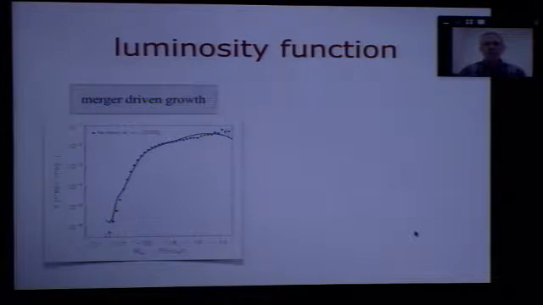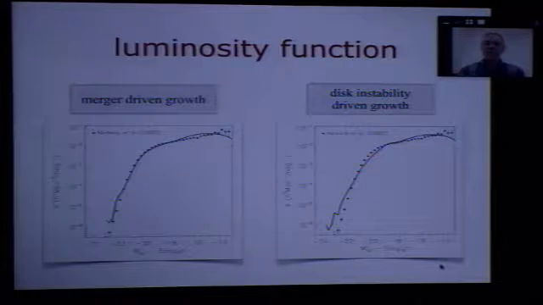So the merger-driven growth builds a black hole population and that leads to the quenching. So if the black hole population is growing or evolving differently, that may affect your quenching of star formation in massive galaxies. So this is the merger-driven growth. And here's the disk instability-driven growth. So no difference really, okay? We're still looking for differences. We need differences to distinguish between these two models because they're very different.